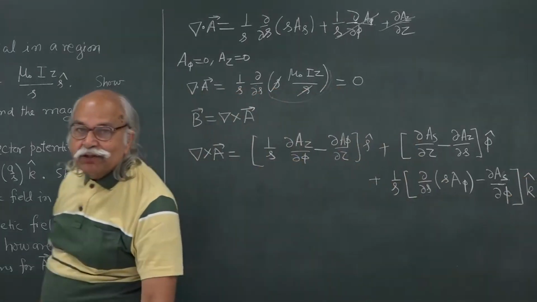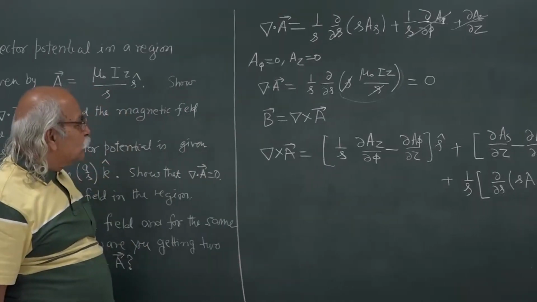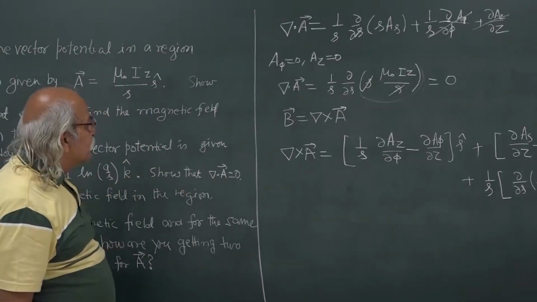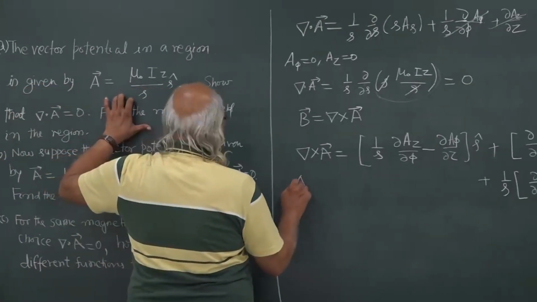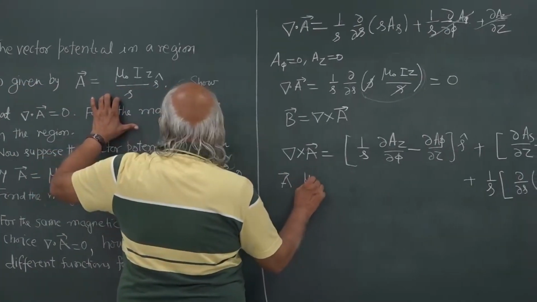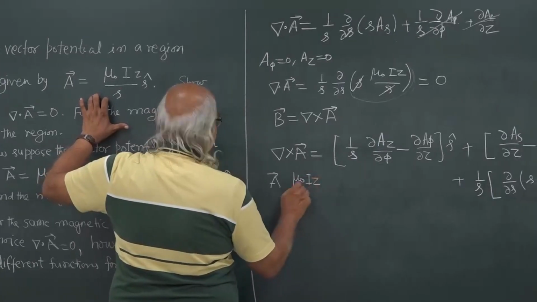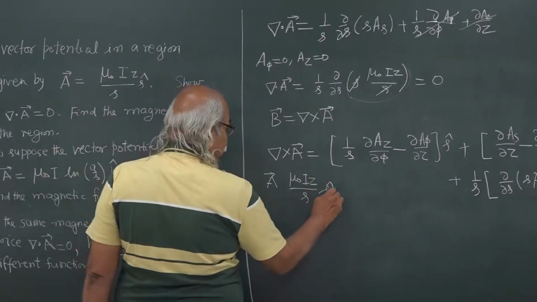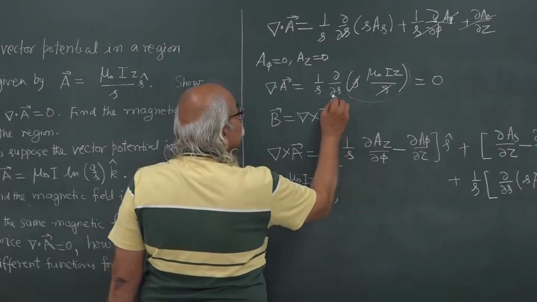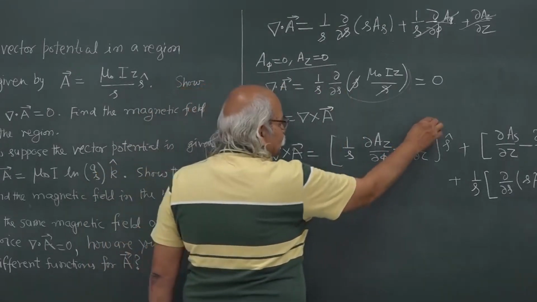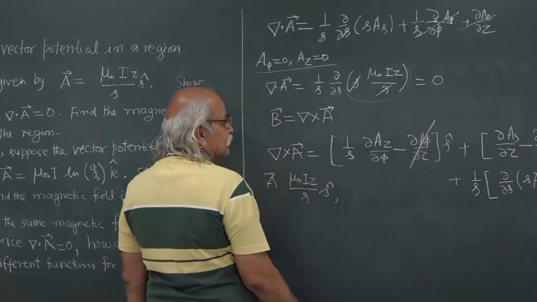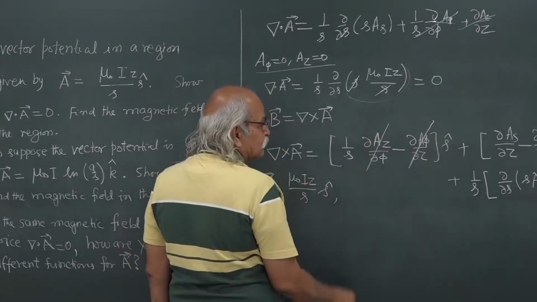All right. So, put what is A? A is given by mu naught I z by S cap. So, you only have AS; A phi and AZ are 0. So, A phi is 0, so this term is not there. AZ is 0, so this term is not there.